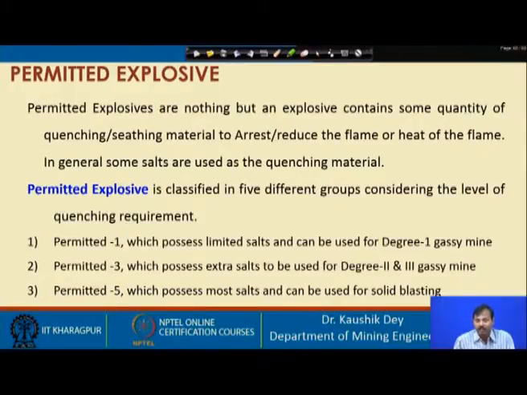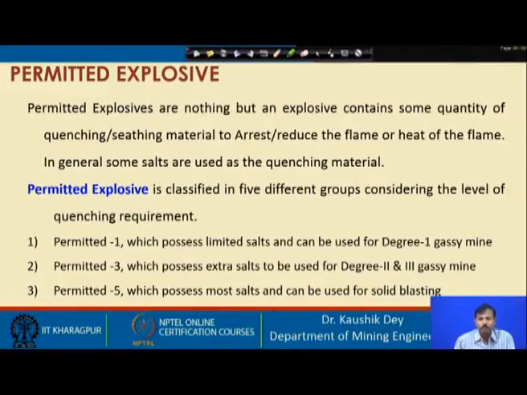If the release of that gas is between 1 to 10, it is called degree 2. If it is more than 10, it is called degree 3 mines. That means degree 1 gassy mines have less release of methane, that is why the potentiality of showing an explosive environment is less.